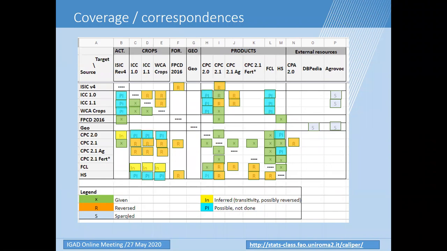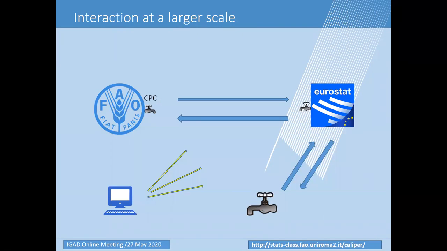The ultimate goal, something that we want to achieve, is the construction of a network of producers and users of classifications that can exchange data, pass data from one another, ensuring that this data is interoperable, of course, also adopting standards, appropriate metadata, and so on.